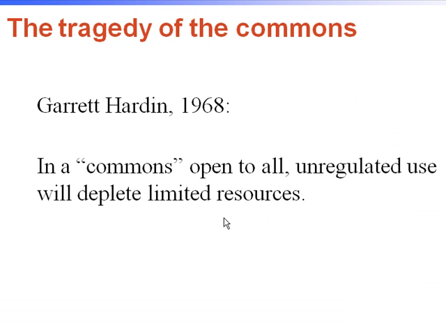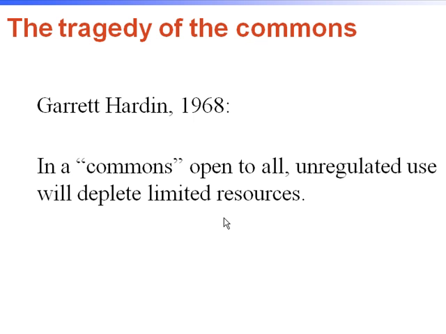Another important idea discussed in the first chapter is the tragedy of the commons. Again, this was published in the journal Science in 1968. It's a pretty famous essay. It discusses the term commons. Commons are areas that are open to all with unregulated use.